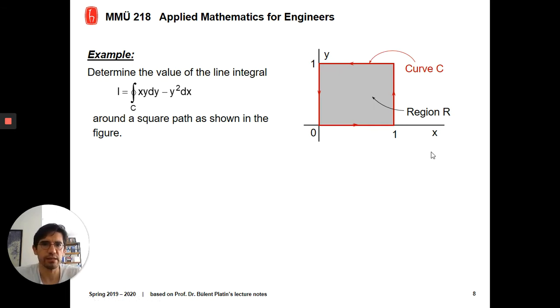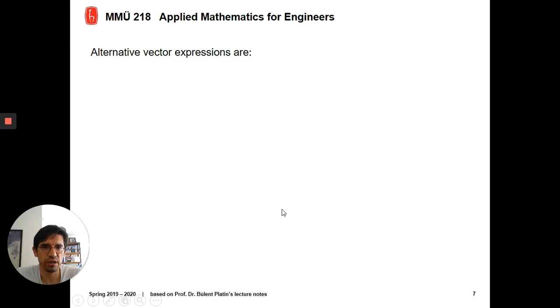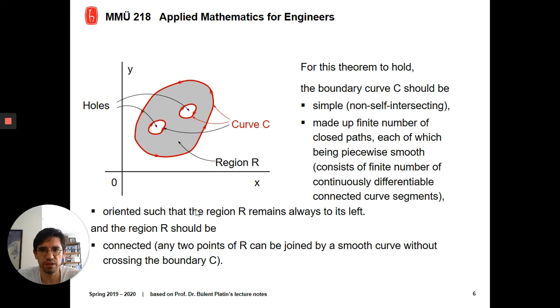So let's see an example. This is a very simple example. I have a simple curve, okay, but remember those definitions are not for something random, right? I need a closed path, yes, but it has to be continuous.